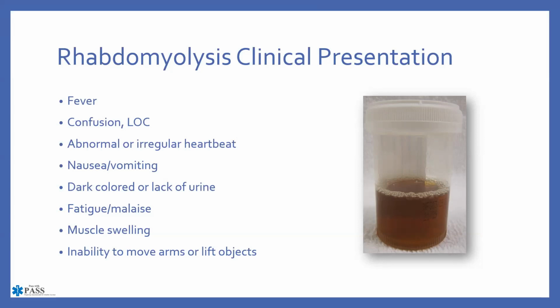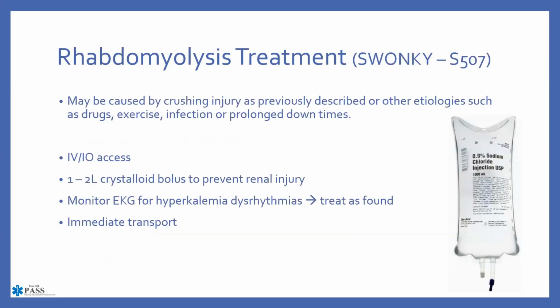Muscle swelling and then inability to move arms or lift objects, and that's because of the muscle breakdown. It's not that they don't have any muscle there, but the electrolytes are in the wrong spot, so they're not going to contract and assist with the movement of muscle like they should under normal conditions.